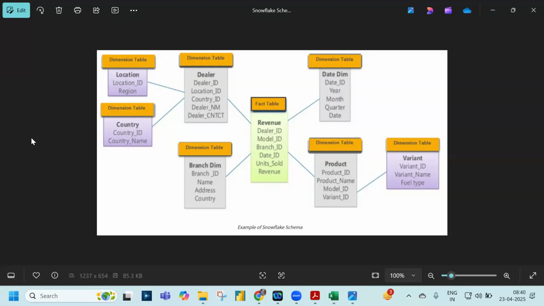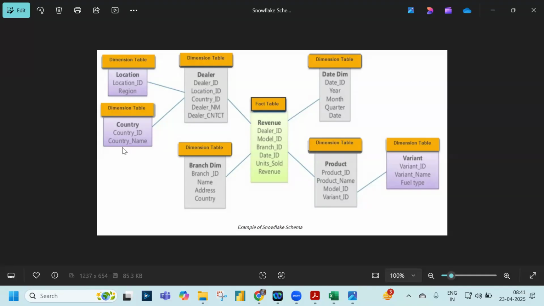So if you have more relationships like this, with more dimensions and sub-dimension tables involved in one requirement, tell me, will query processing take more time or less time when more tables are involved? More time, perfect. Because your query needs to go to the dealer table, and from there it needs to go to the country table.